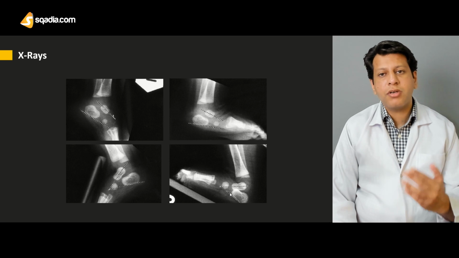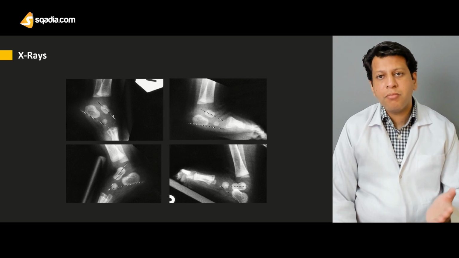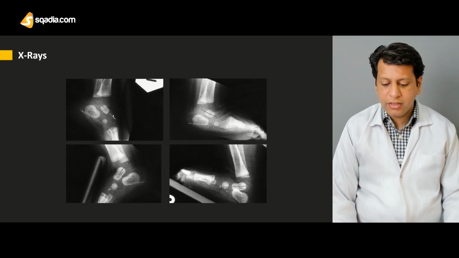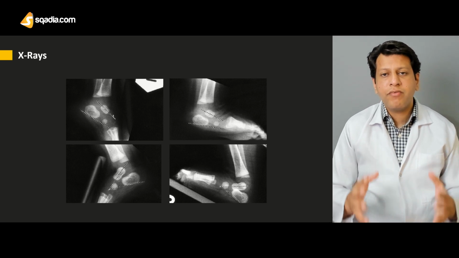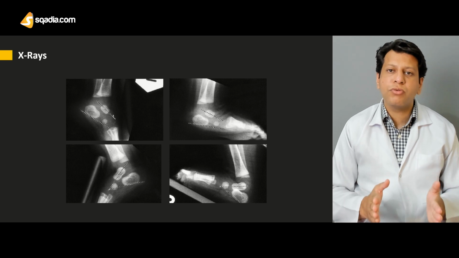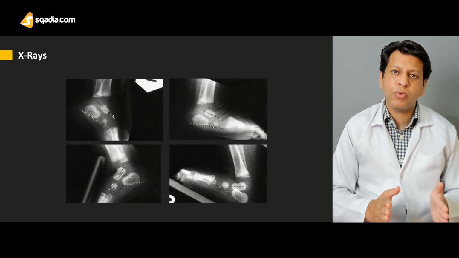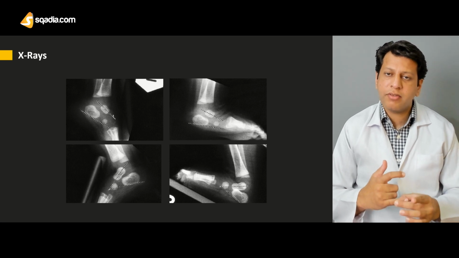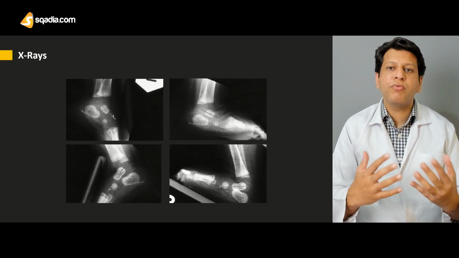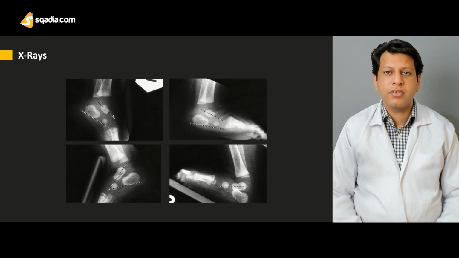Normally on lateral view it should be between 20 to 40 degrees. When we are done with the x-rays, we are absolutely sure that it is congenital Talipes Equinovarus, and we have confirmed with our Pirani score as well as our x-rays. Then we will move on towards the management of the disease or treatment.